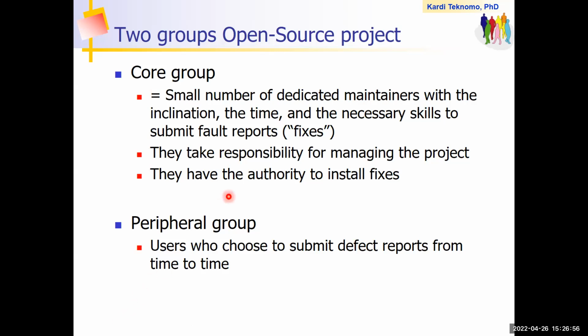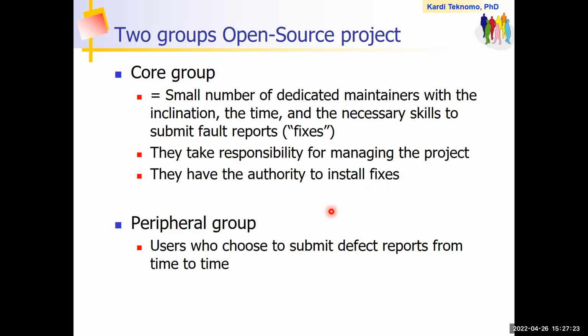So basically there are two groups. One is the core group in open source, which is just a small number of dedicated maintainers with the inclination, the time and the necessary skill to submit fault reports and fix them. They are the ones who take responsibility for managing the project. They also have the authority to install the fix.